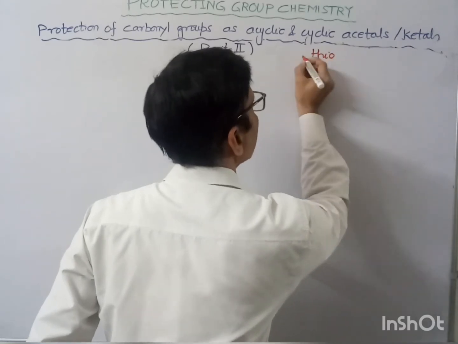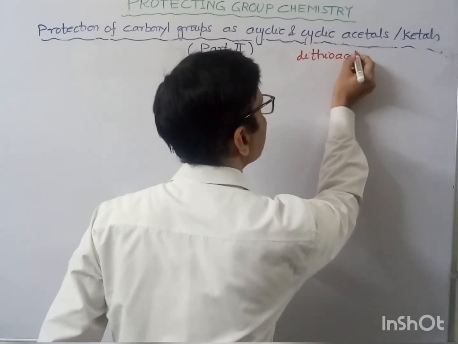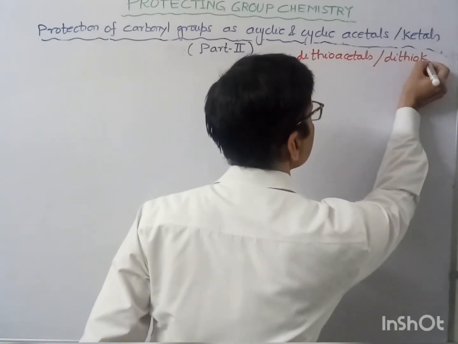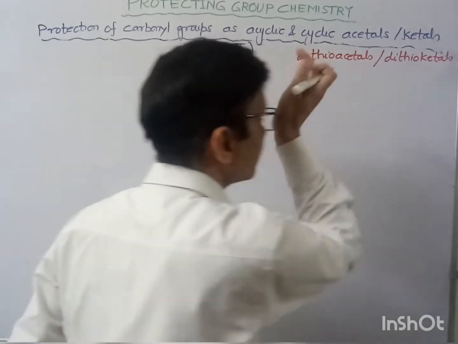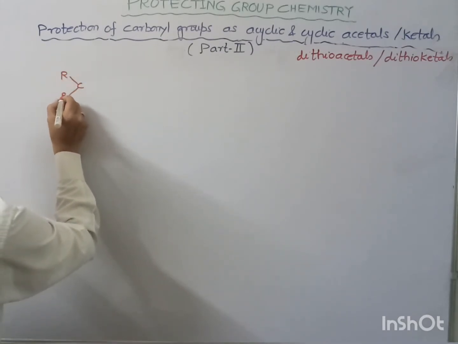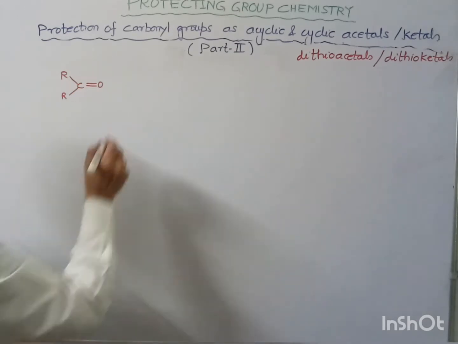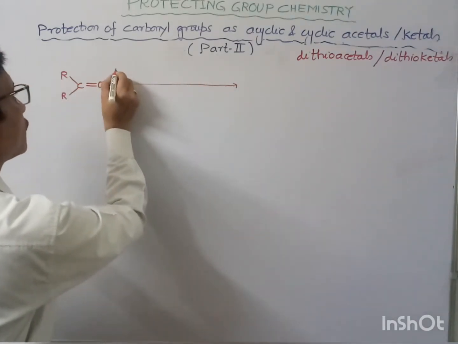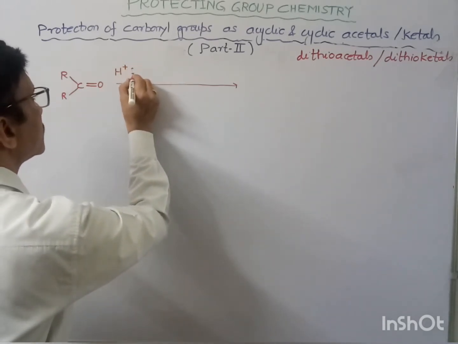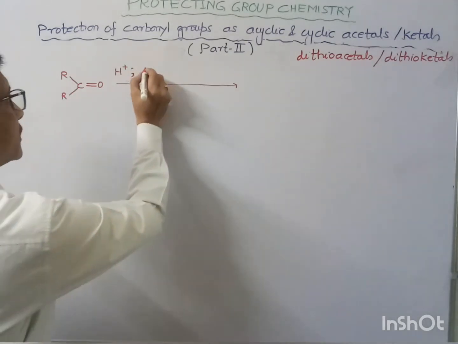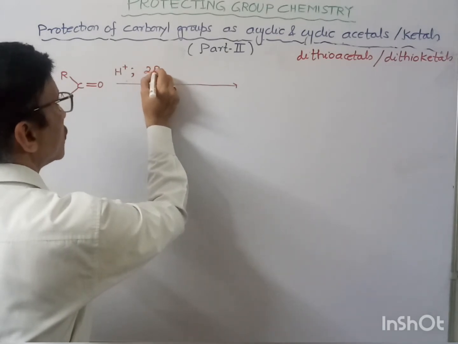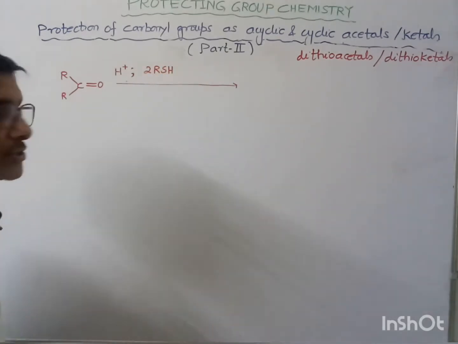dithioacetals and dithioketals. Okay, so suppose we have a carbonyl compound, then in presence of an acid catalyst, suppose you are taking a thiol, two molecules of RSH.